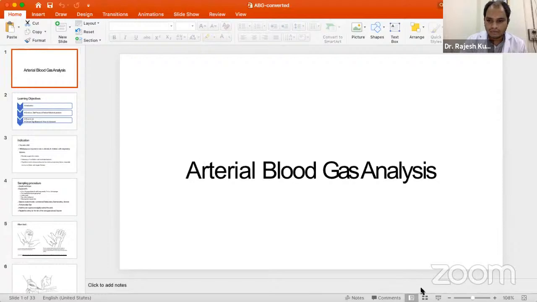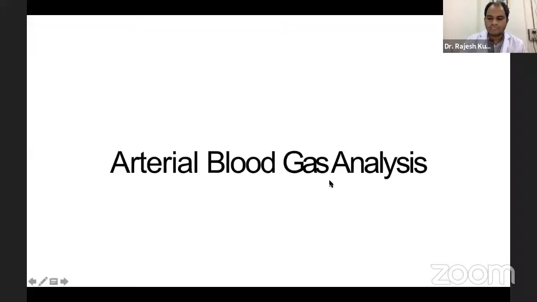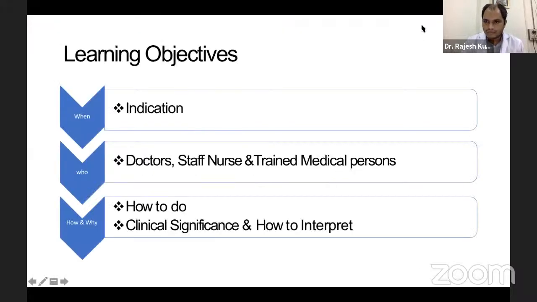Today we'll start with our ABG. ABG is your arterial blood gas analysis. It is a point of care testing. You can do it bedside, and it should be done in all critically ill patients that you are receiving in your emergency or in your ward or in your ICU.